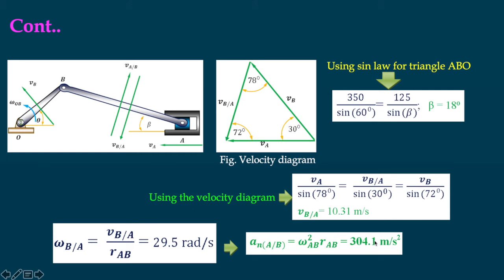Substitute this value. You notice that omega BA and omega AB are the same thing, same magnitude. So finally, one of the components of acceleration, ANAB, for the link AB, the normal component of acceleration of A with respect to B, is calculated as 304.1 meter per second square.